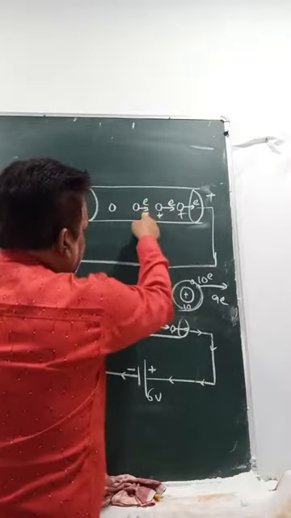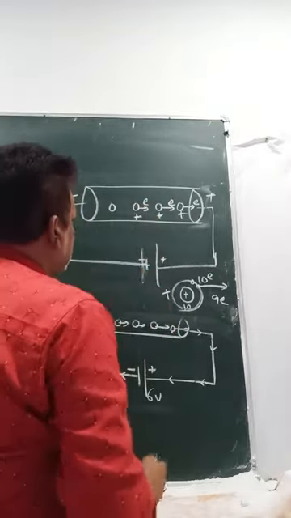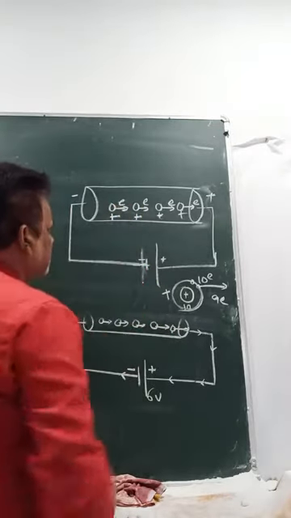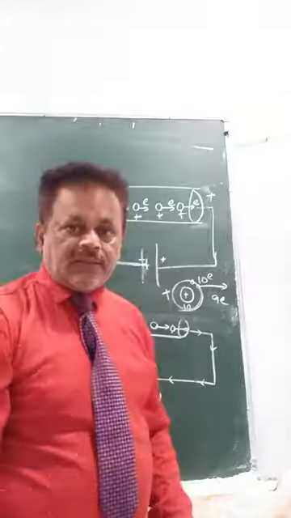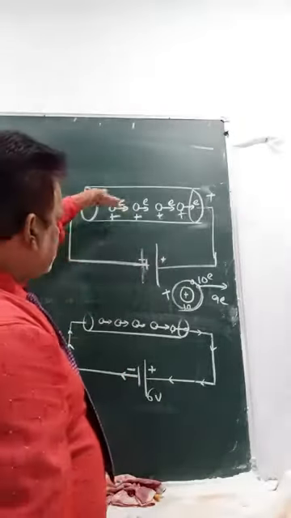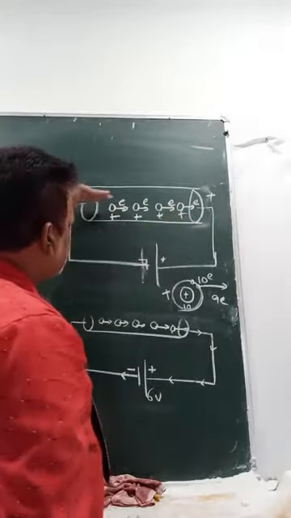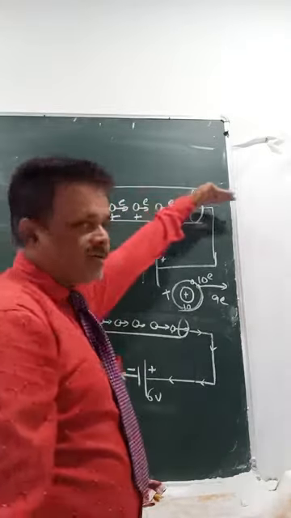So again shortage of electrons, positive charge. Look at my question here. Electrons moving this way. This is the direction of electrons.